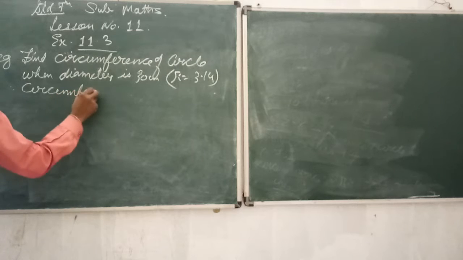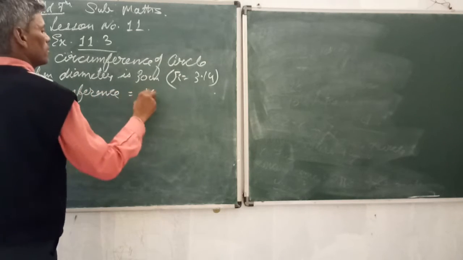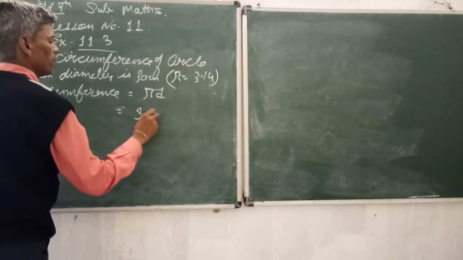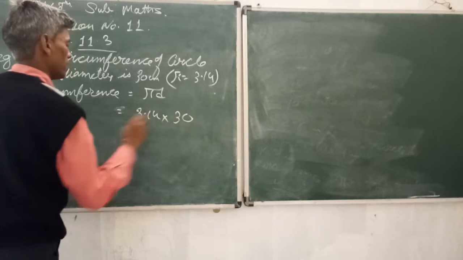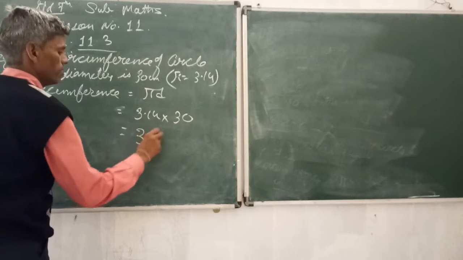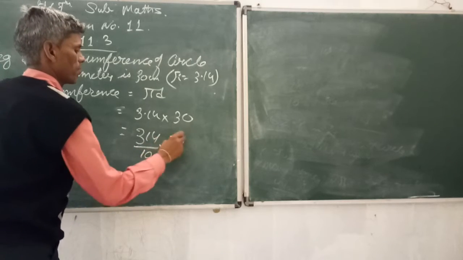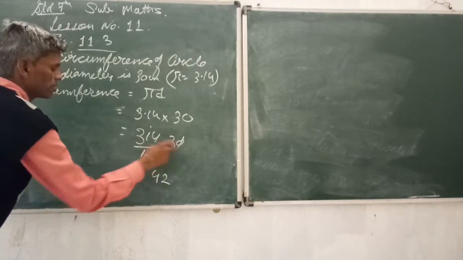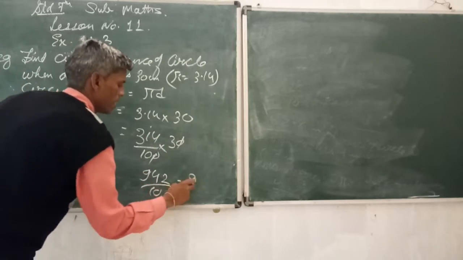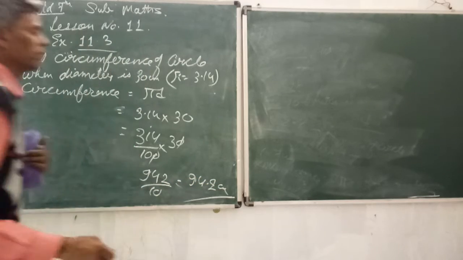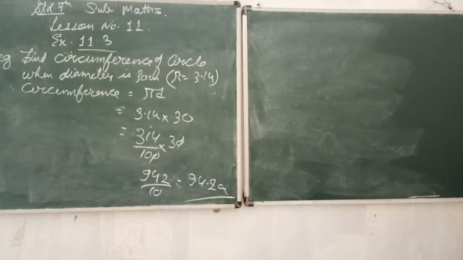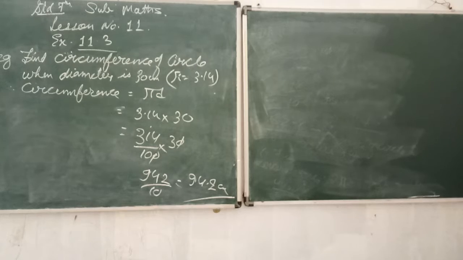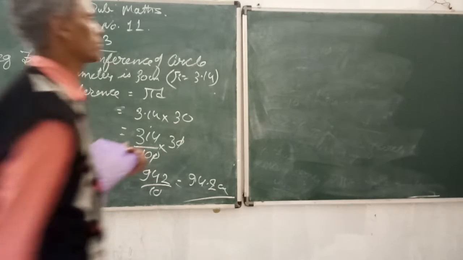Circumference is pi d, that means 3.14 into d, 30. To remove this decimal, we'll put 100 here and 0 cut. 3 4s are 12, 3 1s are 3 and 1 is 4, 3 3s are 9 upon 10, 94.2 centimeter is the circumference. Like this you can solve. The first question of exercise 11.3 is the same. You have to solve this at home. This is homework.